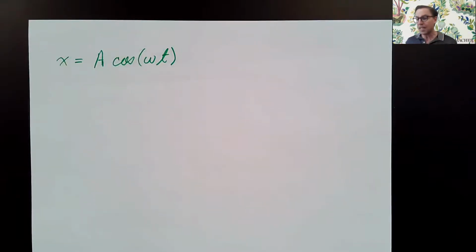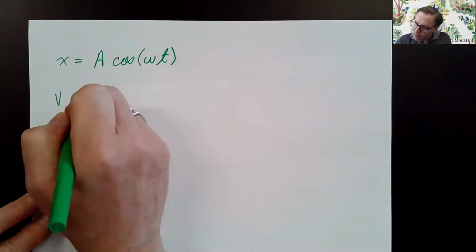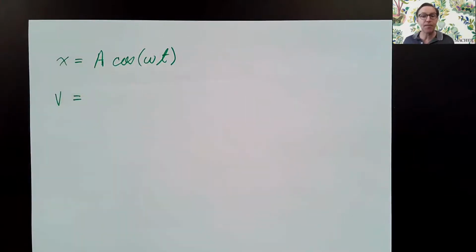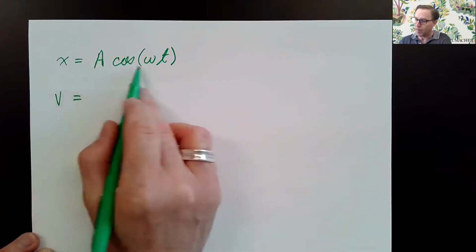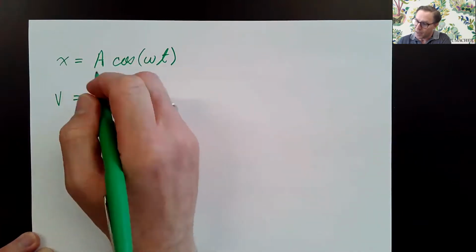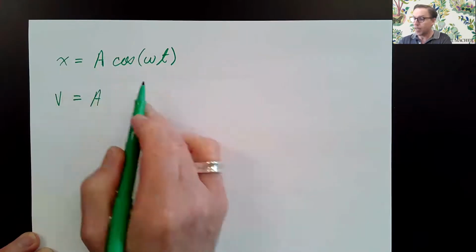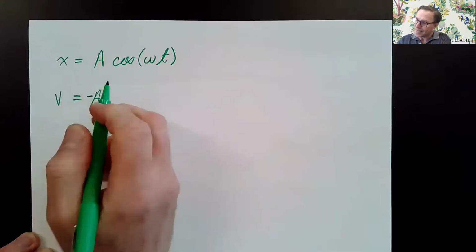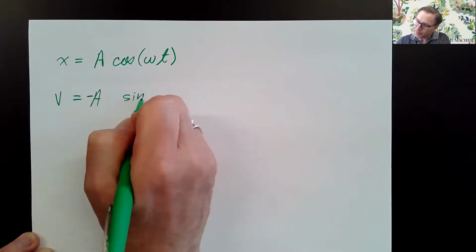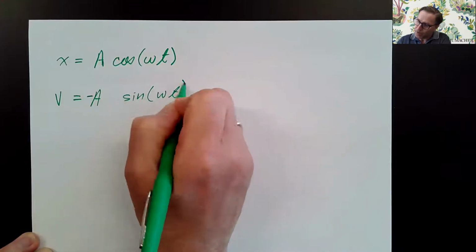Now, the velocity graph. If you're in calculus, this is just for the calculus people. If you're not in calculus, it's okay. Save this for later, and it'll sound familiar when you learn this. But the derivative of a constant times a function is the constant times the derivative of the function. And the derivative of cosine is minus sine of omega t.